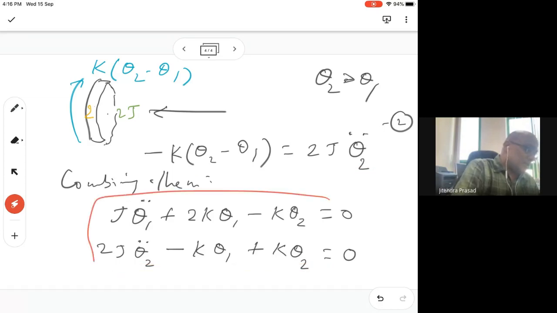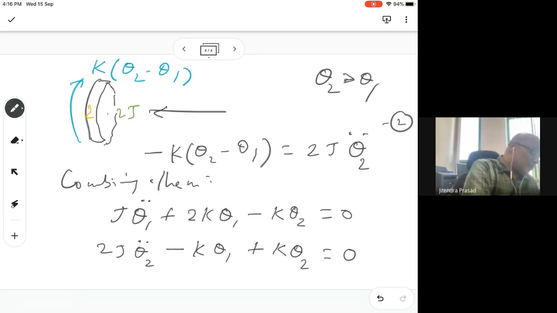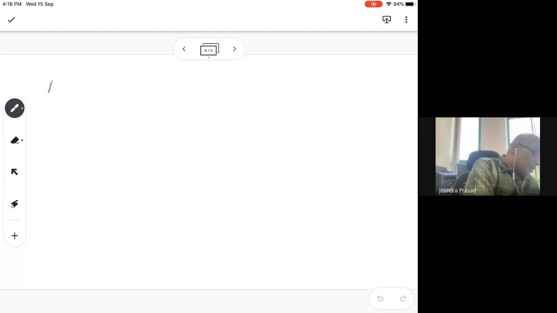We have two equations, so we can combine them into a matrix form. This is a multi-degree of freedom system.